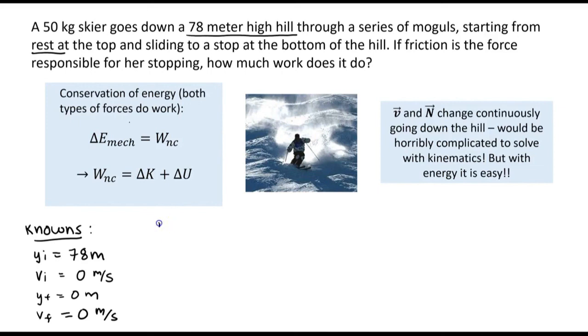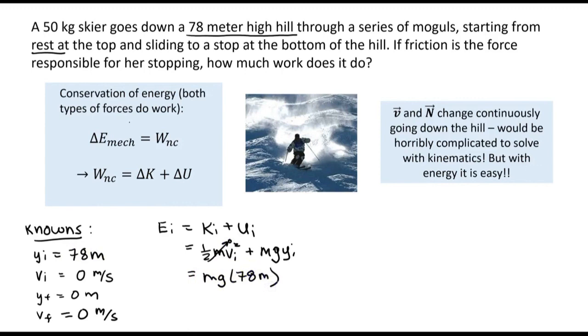And so we can write down what is my initial total mechanical energy. It's going to be K initial plus U initial. Here that's going to be 1/2 m v initial squared plus m g y initial. We know that v initial is 0, and so his initial kinetic energy is 0, and so E initial is really just going to be m g times y initial, which is that 78 meters.